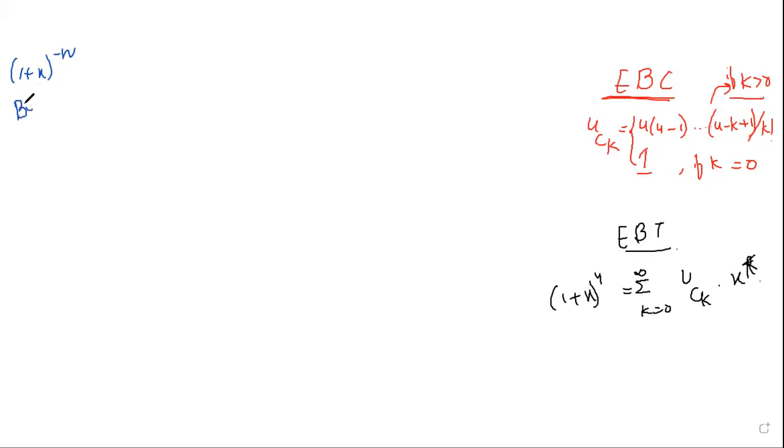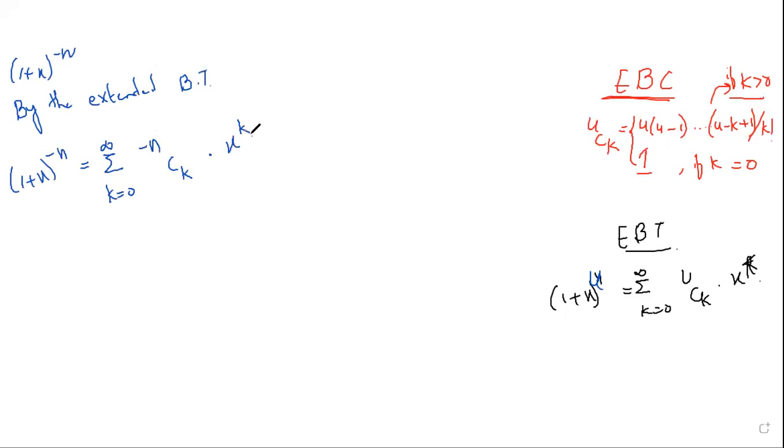So by the extended binomial theorem, we can write (1 plus x) whole power minus n as, look over here, instead of u we are taking minus n. So what should be written? The sum from k equal to 0 to infinity of minus n C k into x power k.